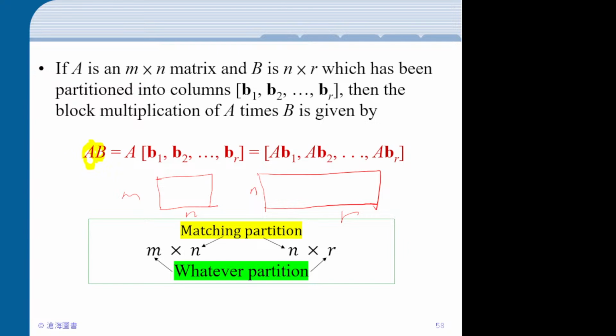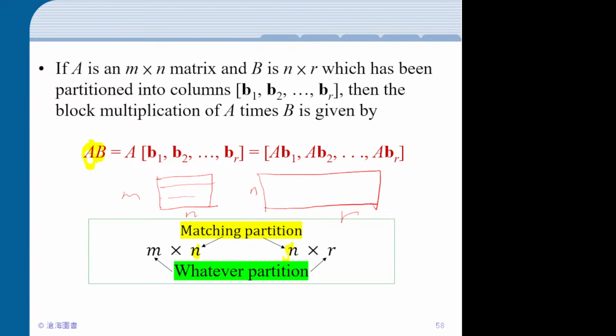Remember, for the matrix multiplication rule to work, you only need the two n's to be the same number, otherwise you cannot do matrix multiplication. So when we partition, the only thing we need to care about is matching the n and n. So you can partition this n into whatever partition you want, maybe 3 like this.